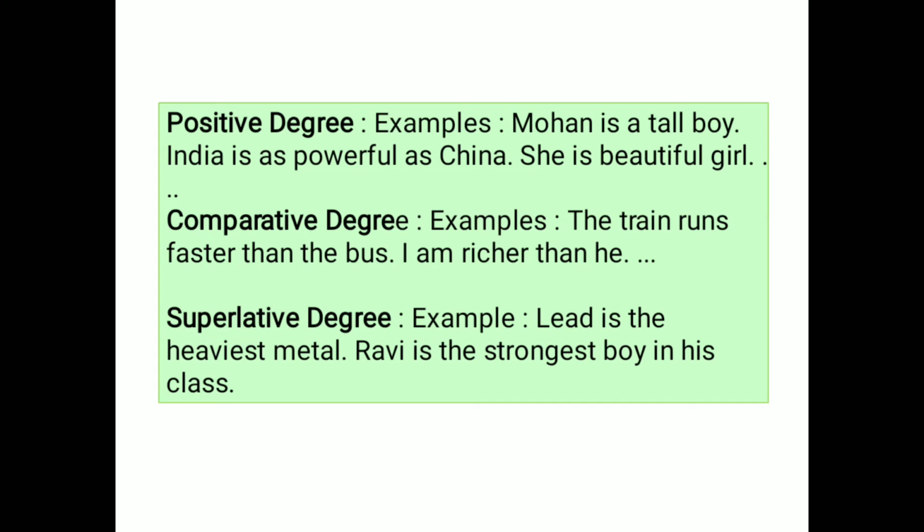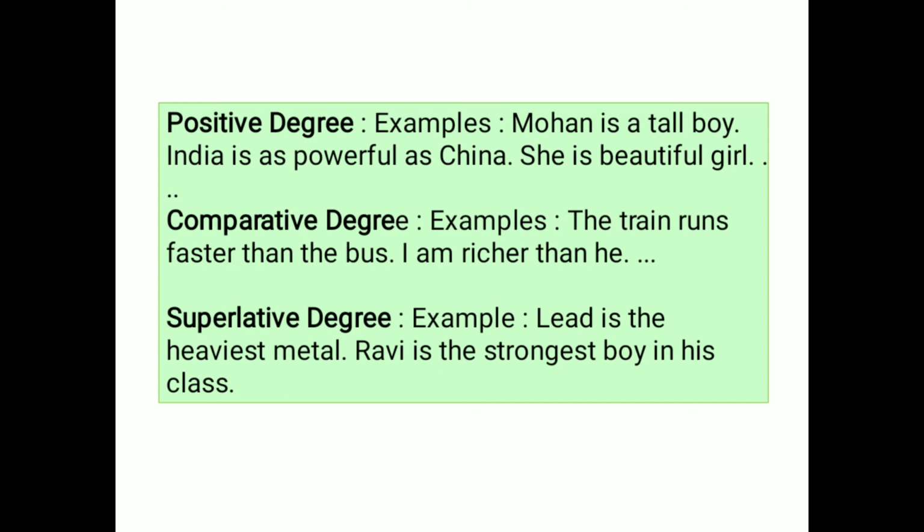The next one is superlative degree. Let us understand through the examples. Lead is the heaviest metal. And the next example is: Ravi is the strongest boy in his class. In superlative degree, when we compare one subject with others, we can understand that the subject we are comparing is either the worst or the best.